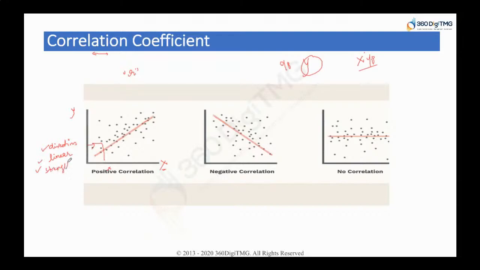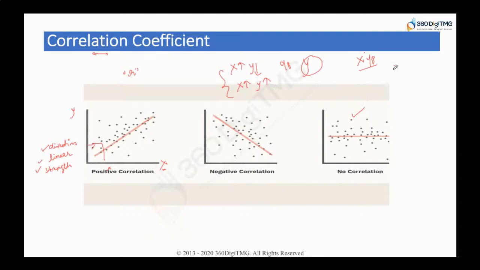By seeing these, you can say whether it is in a positive or negative direction, or there is no relation between the variables. X may increase and y may decrease, or x increases and y also increases. Anything may happen here, but there might be cases where there is no relation between both the variables.